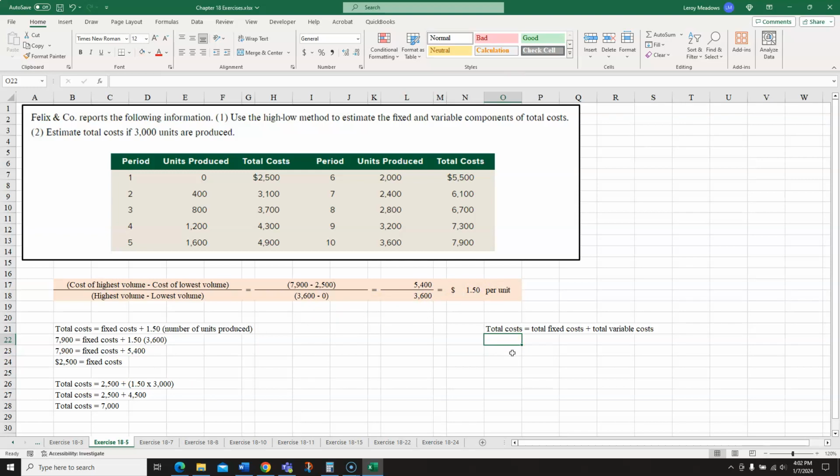So another way I can look at this: total cost equals my total fixed costs plus my variable cost per unit times the amount of units produced.